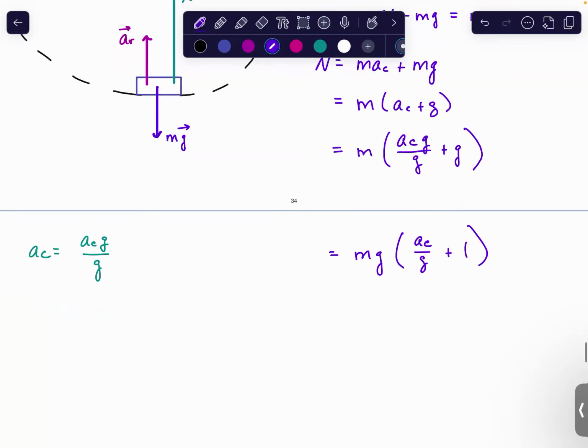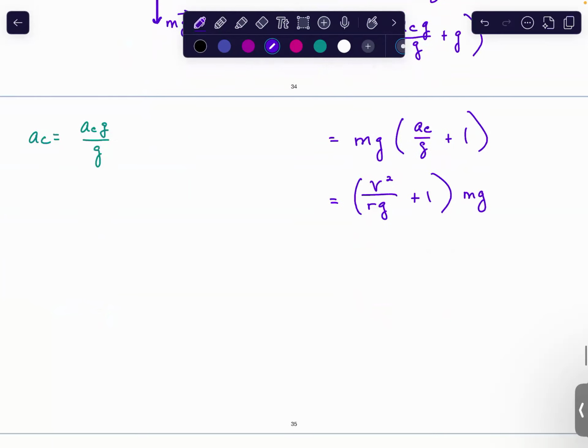Now we can put in AC equals V squared over R. Okay, now we can calculate the normal force.